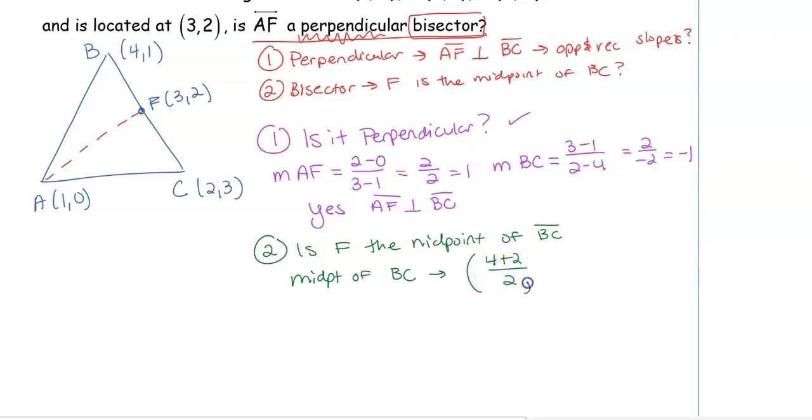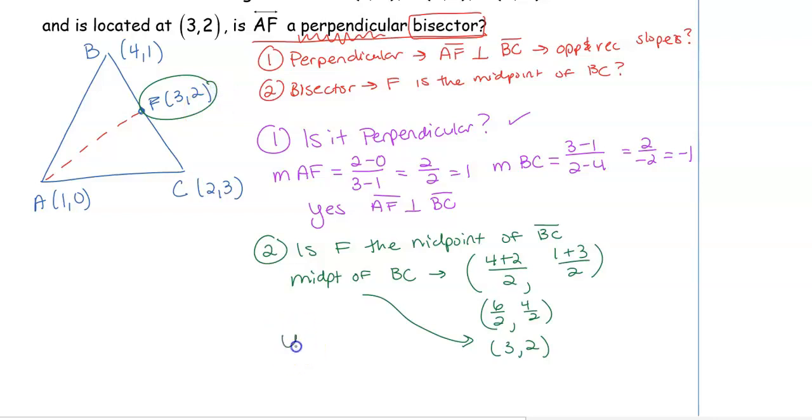We add the x's together, divide by 2. Add the y's together, divide by 2. That gives us 6 over 2, 4 over 2, which is (3, 2). The midpoint of BC we found to be (3, 2), and the coordinates of F are (3, 2). So yes, F is the midpoint.